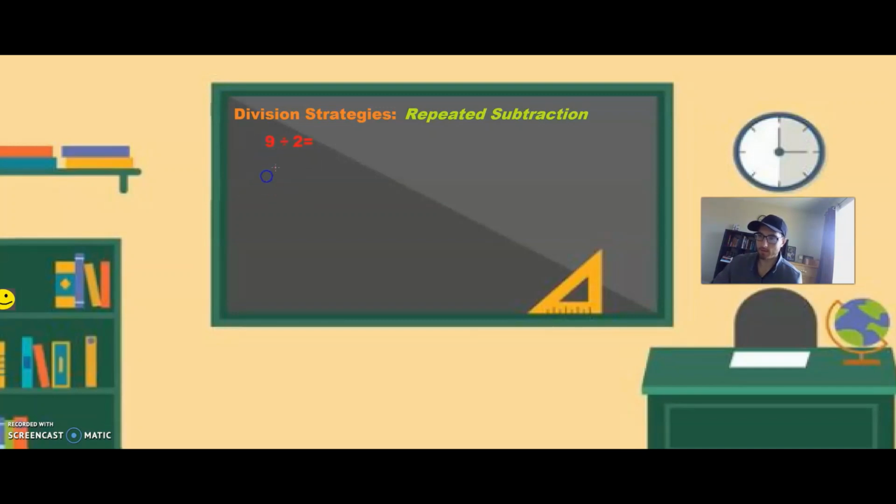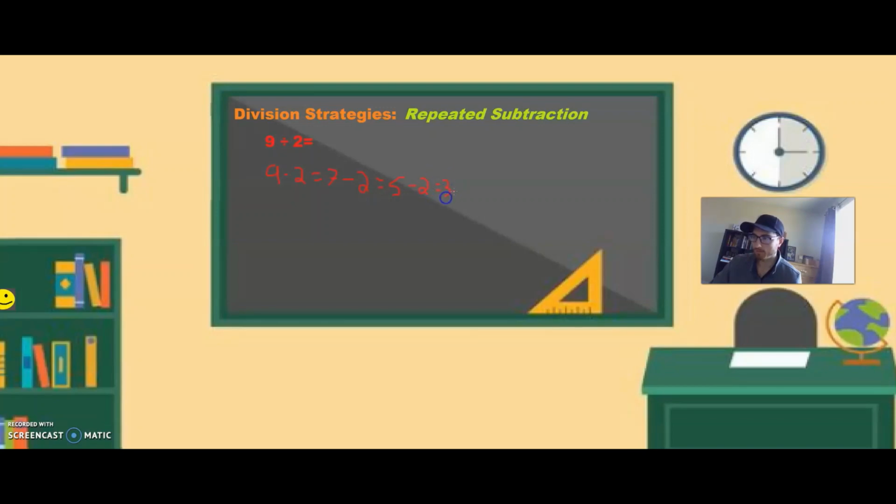Using the same strategy, 9 subtract 2 gives us 7. Then we subtract another 2, because 2 can subtract from 7. 7 subtract 2 equals 5. Then another 2, because we can do that. 5 subtract 2 gives us 3.